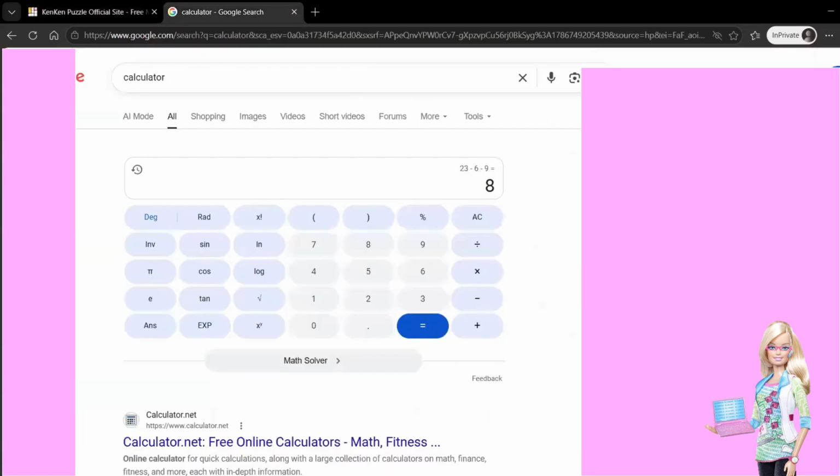So that's an 8. What's 23 minus 8 again? 15.